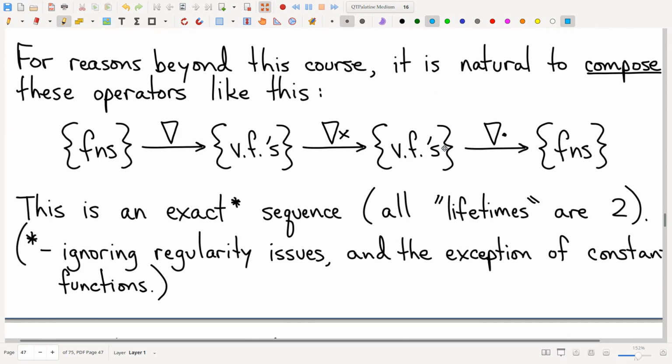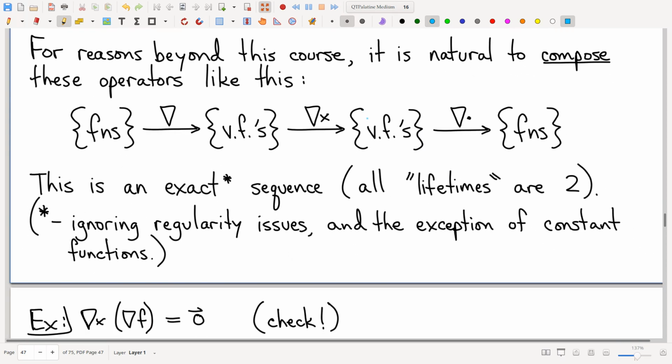Okay, I'm going to have to be really quick about this, time being what it is, but it's going to turn out, for very deep reasons that we couldn't begin to talk about in this class, it's really, really natural to take the gradient operator. To remind ourselves, gradients will take functions and produce vector fields.